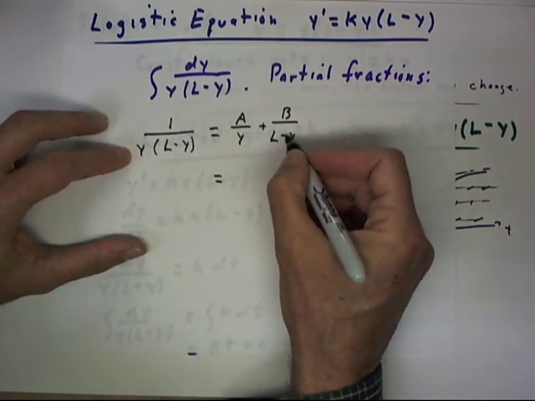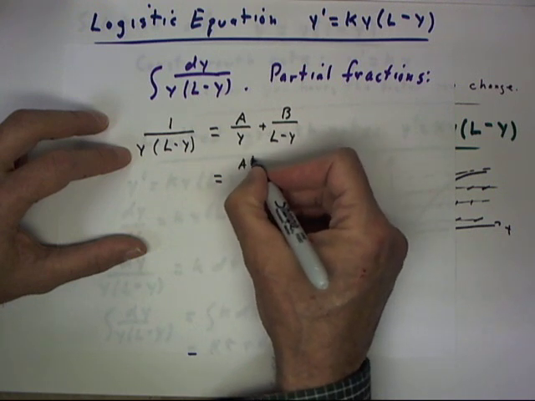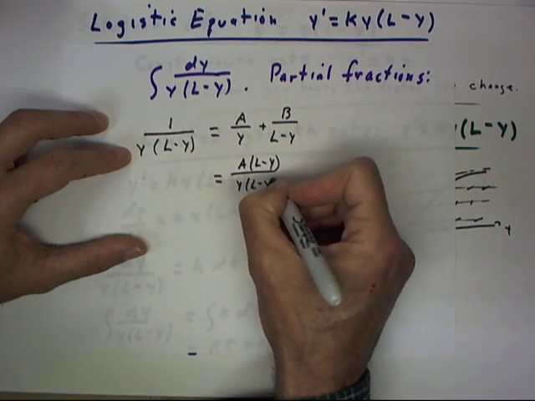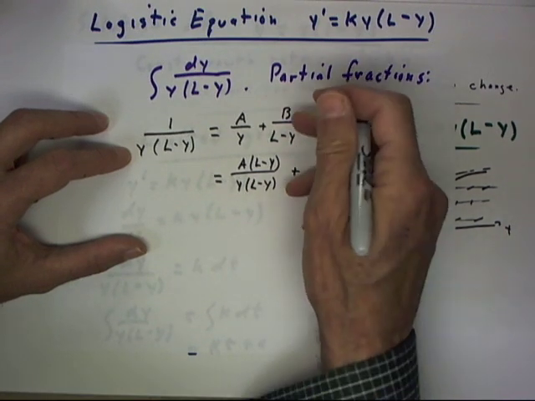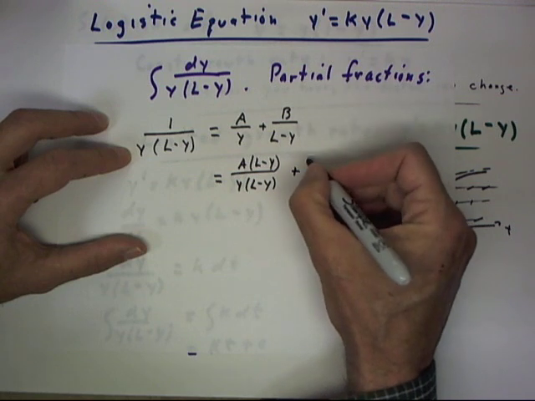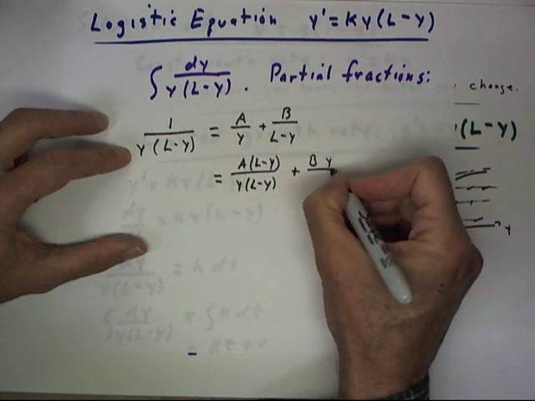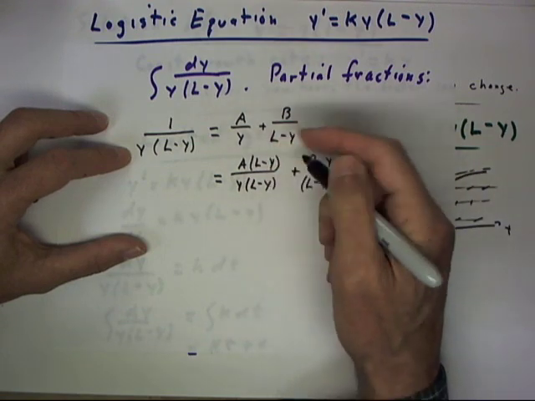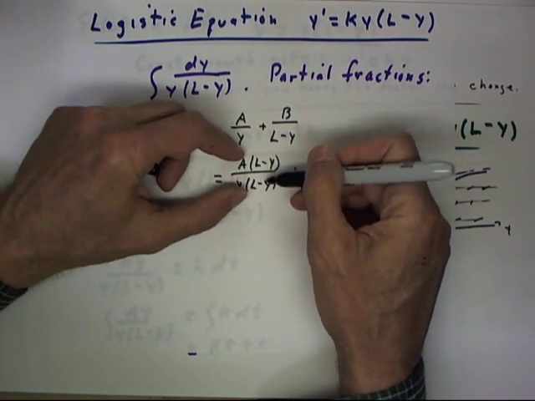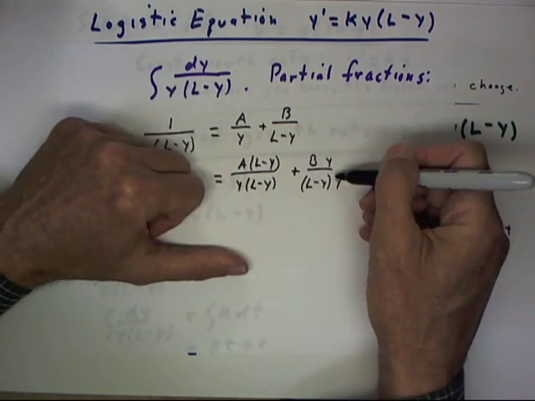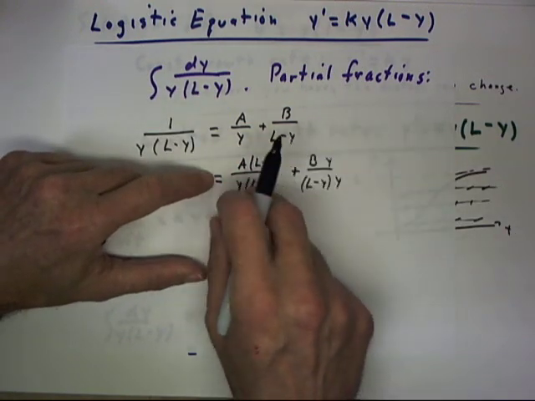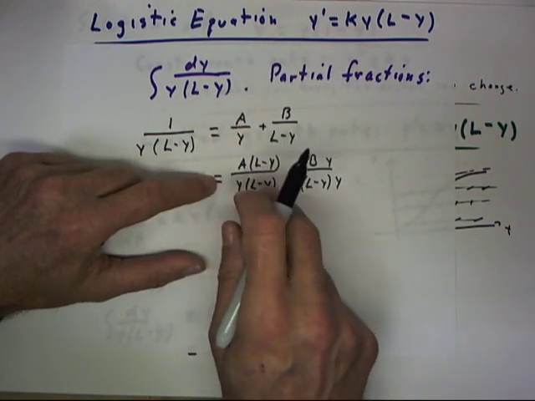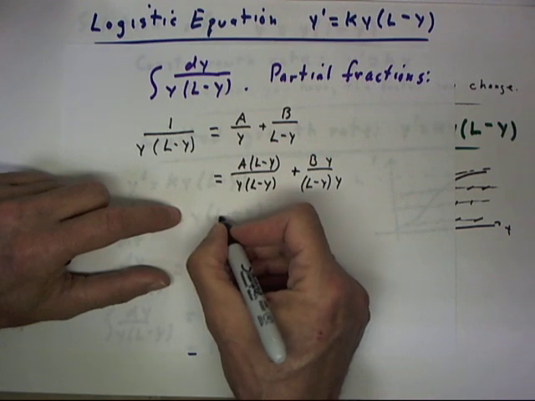Multiplying a over y by (L minus y) over (L minus y), we get a times (L minus y) over y times (L minus y). And multiplying the second fraction by y divided by y, we get b times y over (L minus y) times y. We can clearly see the multiplication by (L minus y) over (L minus y) and by y over y, which, as you should know from algebra, does not change the expression, just the form of the expression.